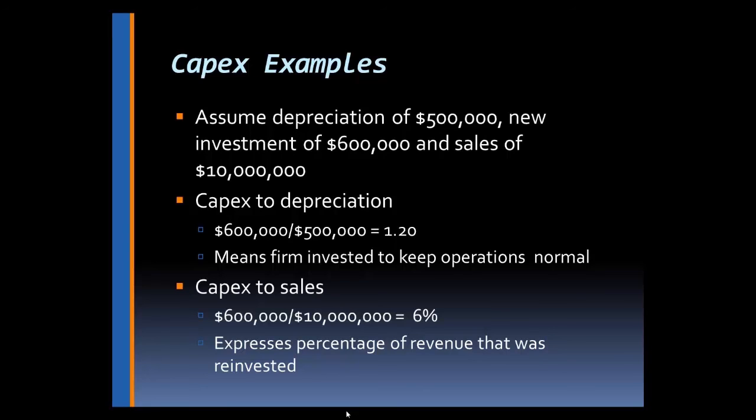So let's assume we have depreciation of $500,000 and a new investment of $600,000 and annual sales of $10 million. So you calculate CapEx to depreciation by dividing the new investment of $600,000 by $500,000.